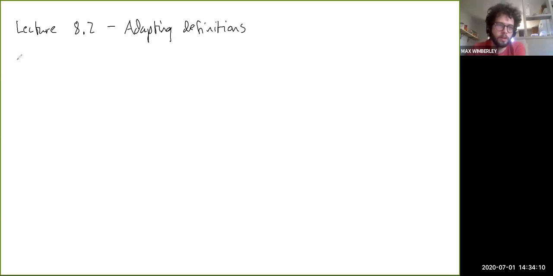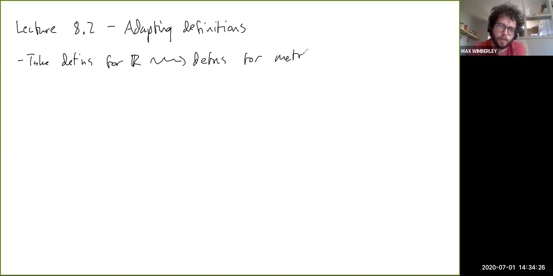So the key here is we're going to take definitions for R and turn them into definitions for metric spaces. All right, so any metric space. So we can talk about sequences of points in an arbitrary metric space, and completeness for arbitrary metric spaces, and so on.